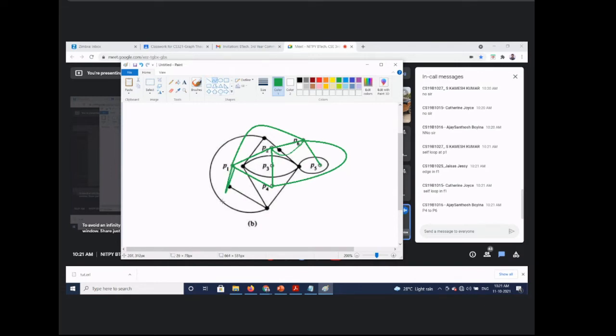I don't know where the self loop will come in, or probably I will just do a self loop. Make it thicker. Okay. Anything else?